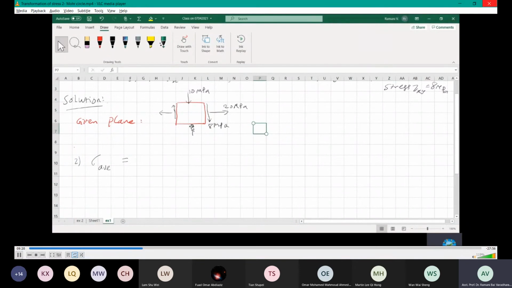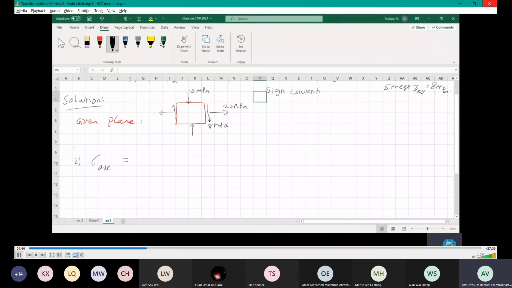In y direction it is compression, x direction it is tension, right? And you should remember the sign convention. You don't need to write it, but for a few questions better you write down the sign convention.